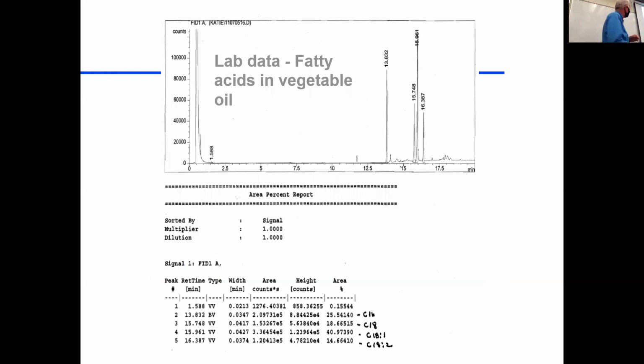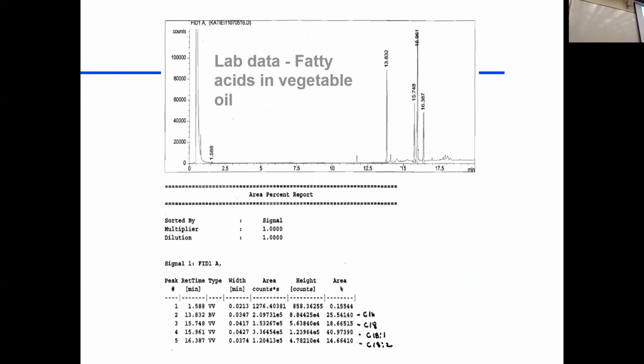And so vegetable oil, do you find any C4, 6, 8, 10, 12 in vegetables? Not really. And so if this would be a vegetable oil, we really don't find any of the 4, 6, 8, 10, 12, 14. What do we find? We've got palmitic acid, C16, and then we got 18 with some 1, 2, or 3 double bonds out here.